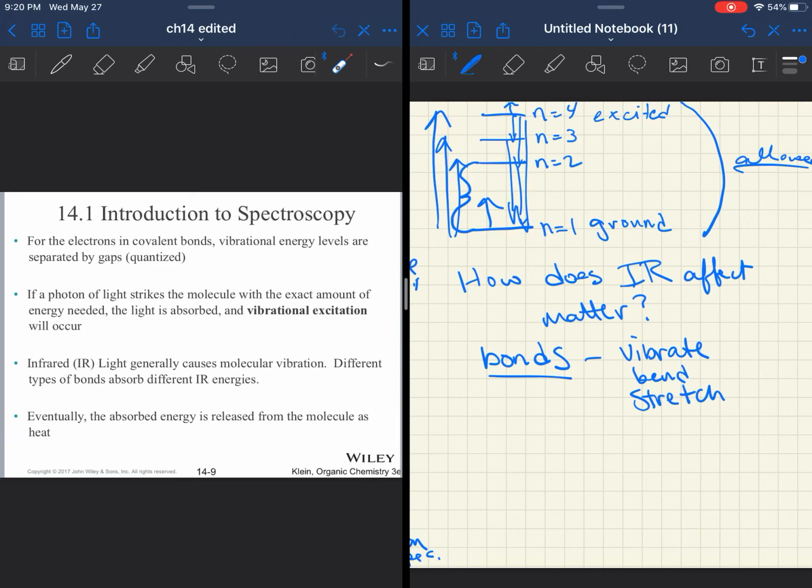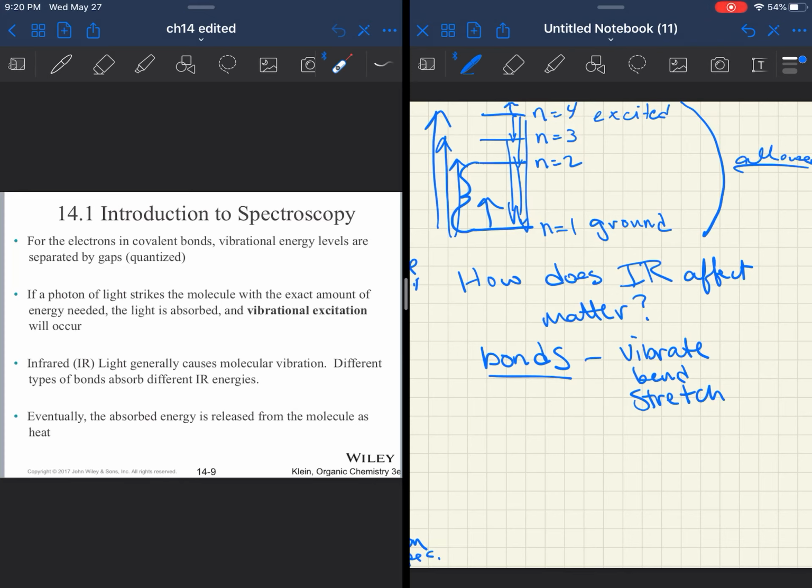And different bonds, whether it's a carbon-carbon bond, a carbon-hydrogen, a carbon-oxygen, single, double, triple, whatever kind of bond, will only have certain vibrational or stretching states. So it will only absorb certain wavelengths of infrared radiation.